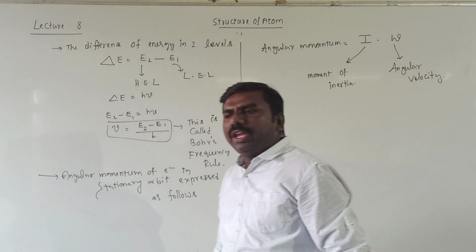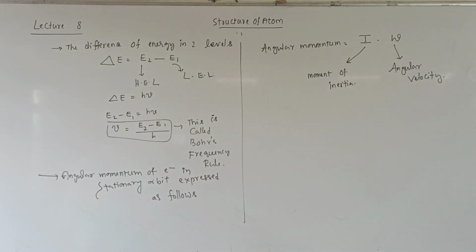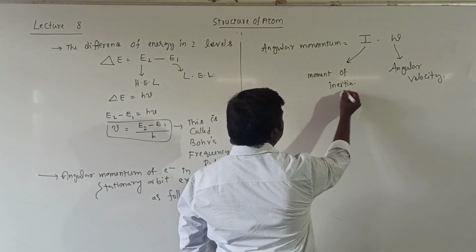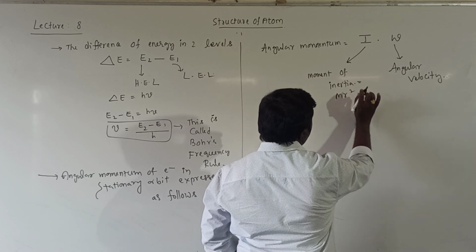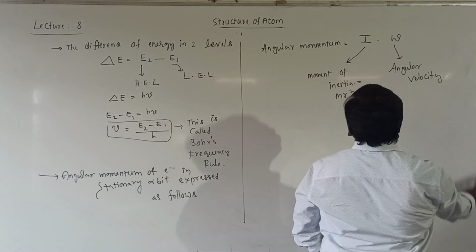The moment of inertia is m r square, and omega is equal to v by r.